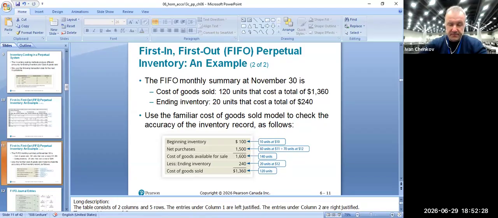I'm going to open the Excel spreadsheet. I already did this in the morning, so I have some advantage and a jump start today. We're going to develop it one step after another.